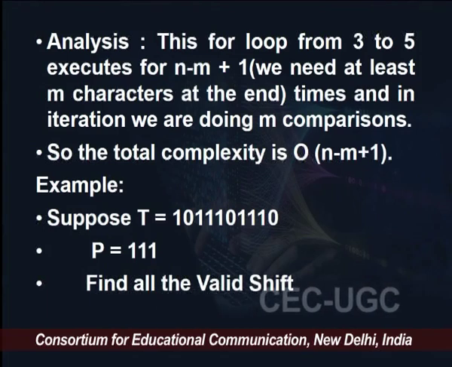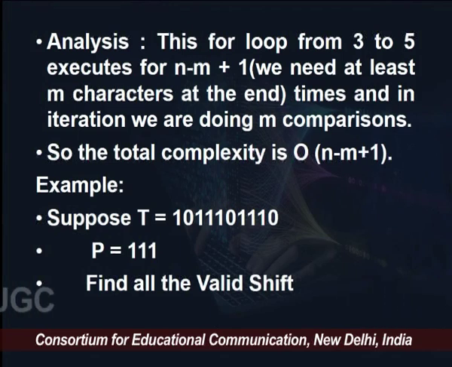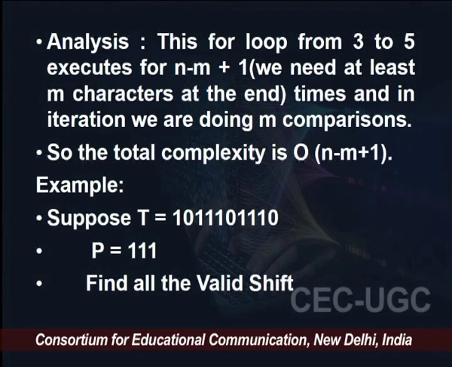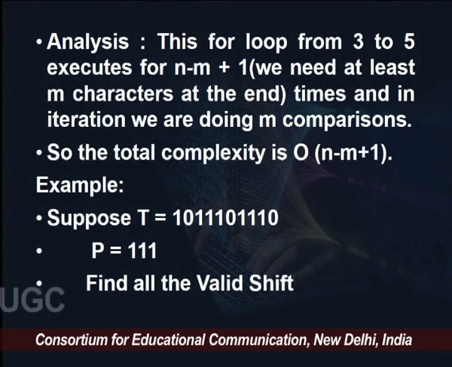Now, what do we mean by all the valid shifts? It is how much we actually want to shift our pattern to align the text characters and the pattern characters. Here I will be explaining this shift with the help of a pictorial diagram.